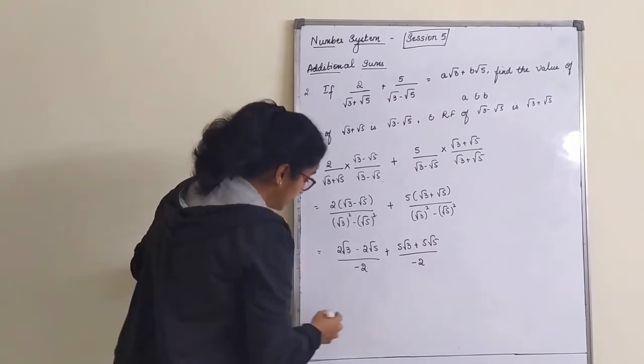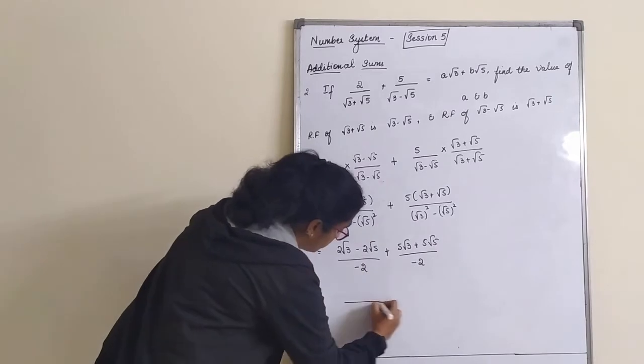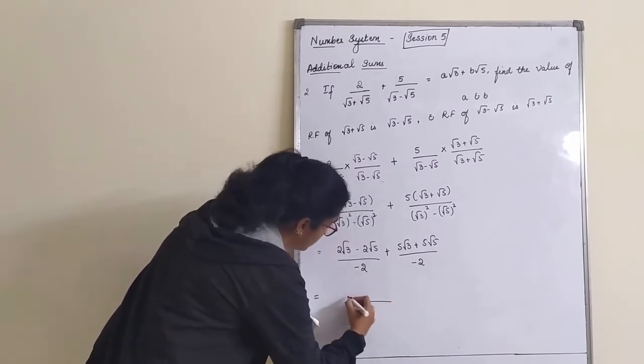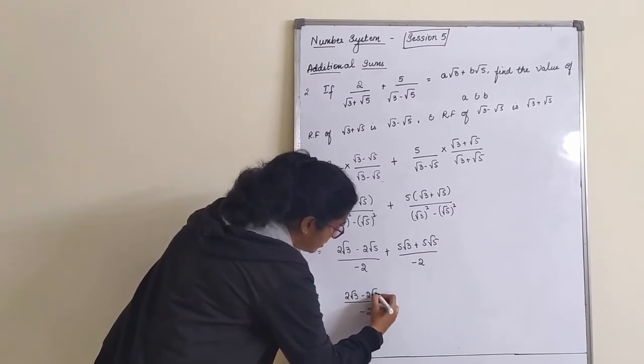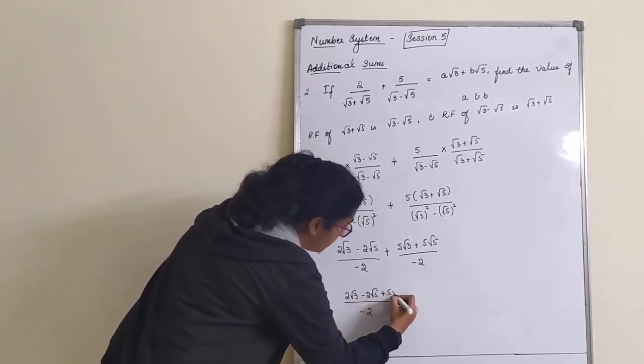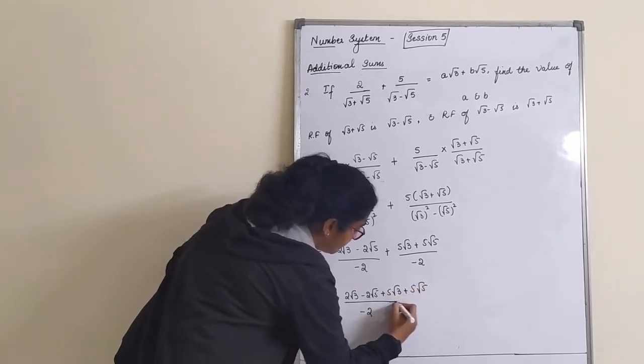Next step. Since the LCM is minus 2, keep minus 2 as it is: 2 root 3 minus 2 root 5 plus 5 root 3 plus 5 root 5.